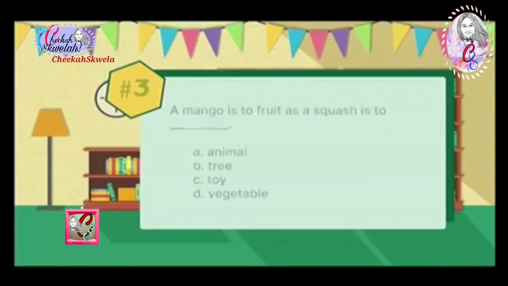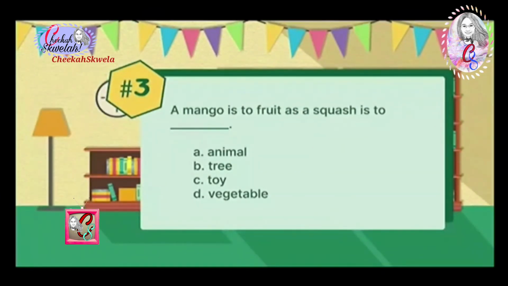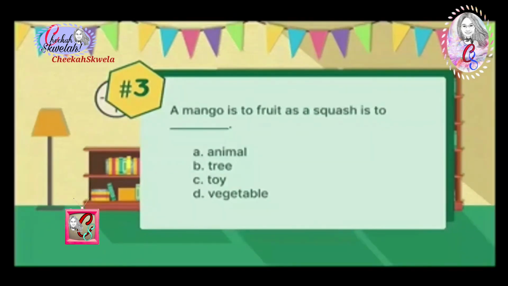Number 3, a mango is to fruit as a squash is to blank. Letter A, animal. Letter B, tree. Letter C, toy. Letter D, vegetable.